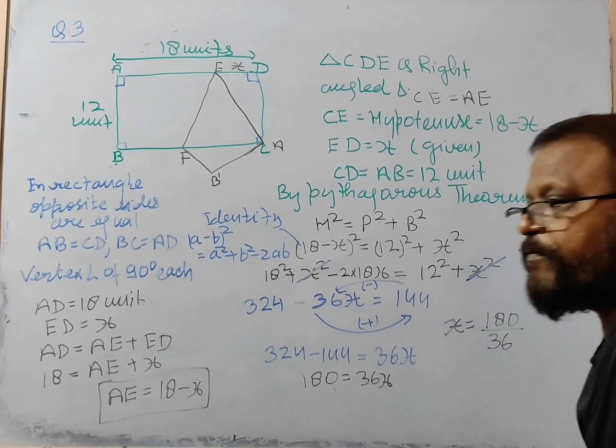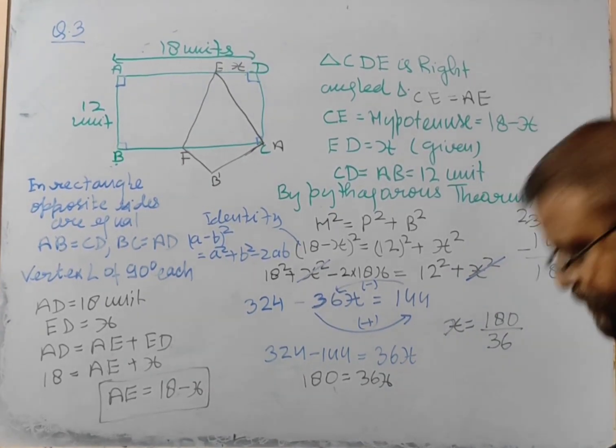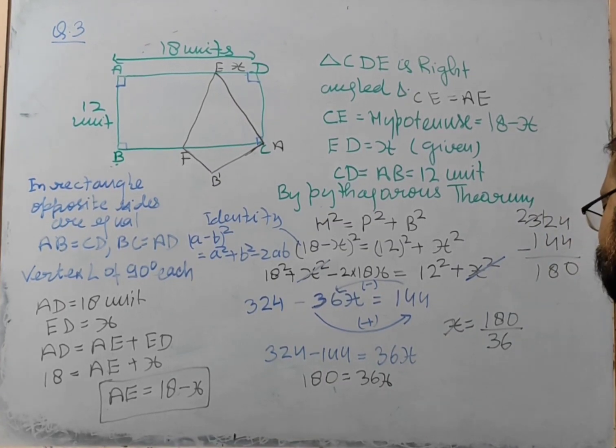When you multiply 36 by 5, you will get 180. 36 fives are 180.